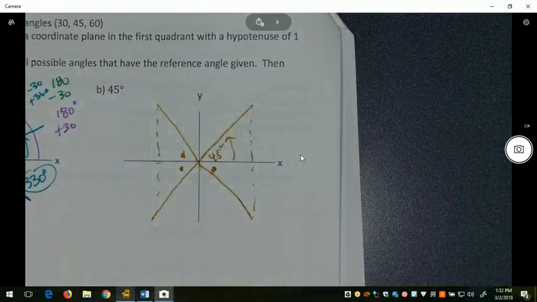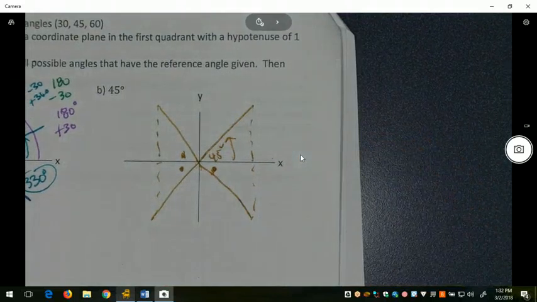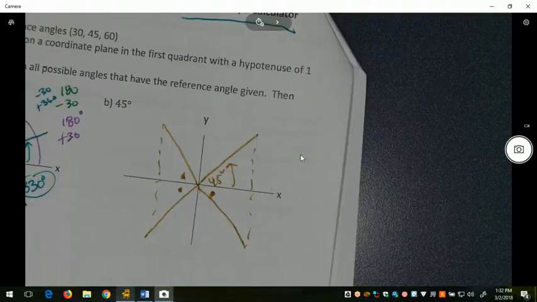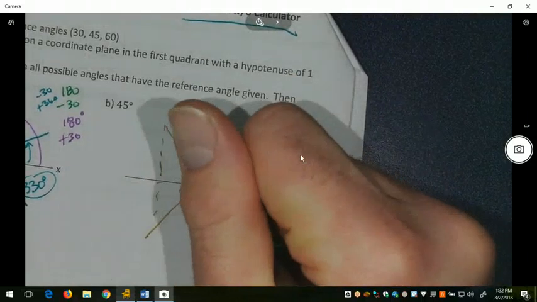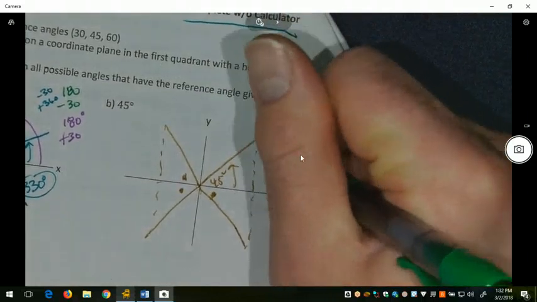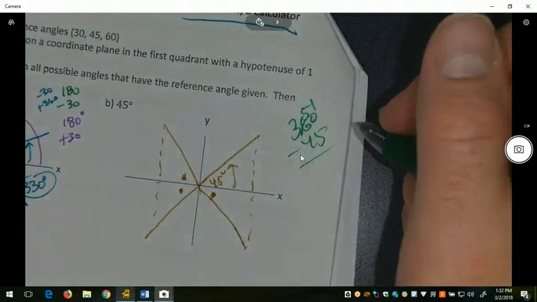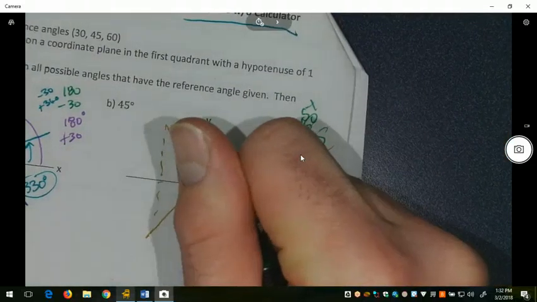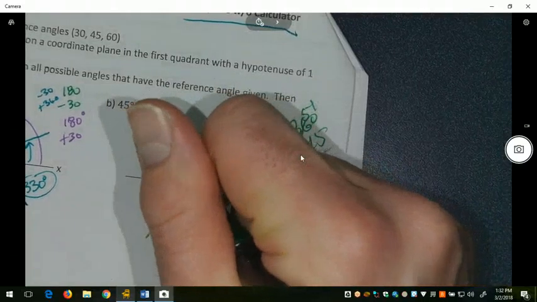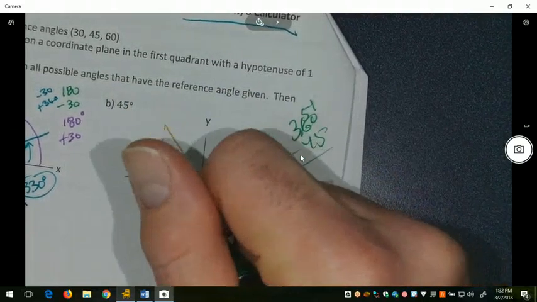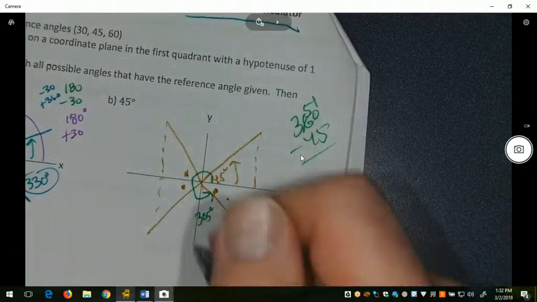Theta prime is 45 there, or the reference angle is 45 in that quadrant 4. In quadrant 4, that's like negative 45 or 360 minus 45, which is 315 degrees. So if I went all the way around to here, that would be 315 degrees.